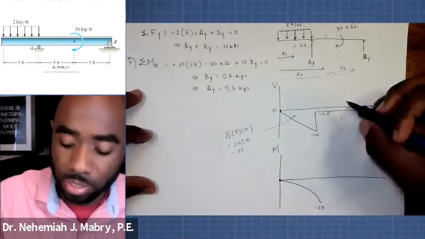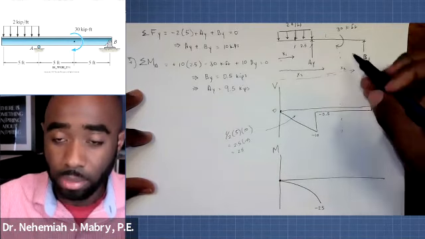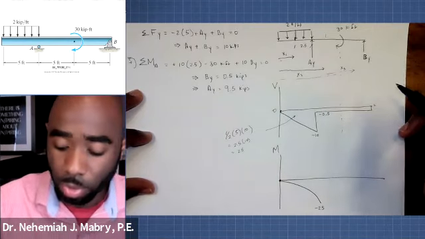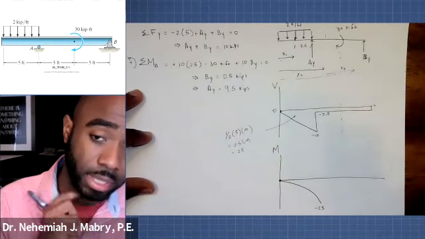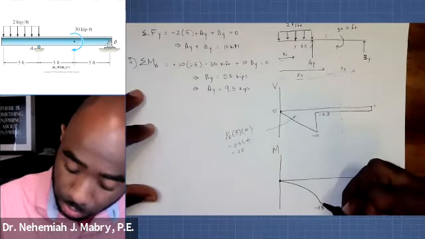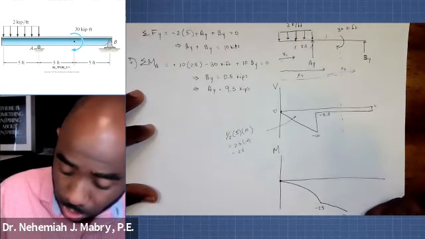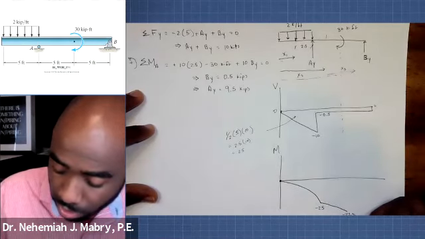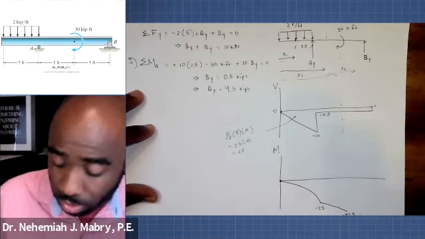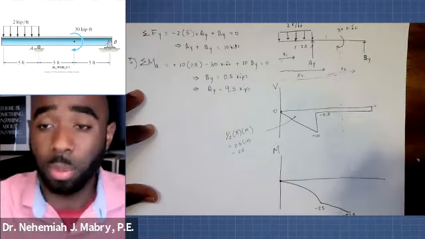Then let's look at just this part right here: 0.5 times the distance of half of that, which is 5. So 0.5 times 5 is 2.5. So this is going to increase from 25 in a linear fashion to negative 27.5. Then this is where our localized moment comes from.